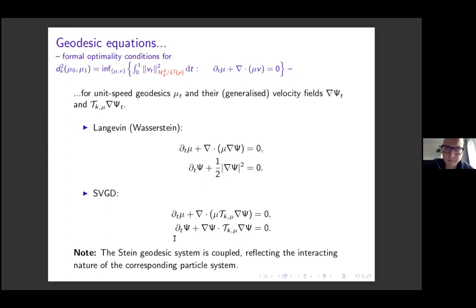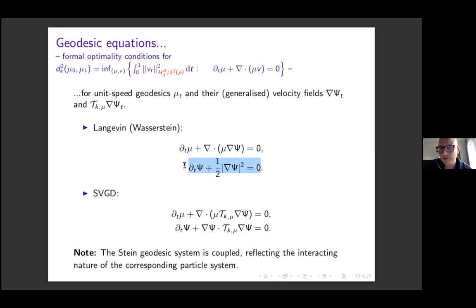Then in joint work with Andrew Duncan and Szpruch, we developed the corresponding geodesic equations for the Stein geometry. Now you see that there is this integral convolution operator T appearing here and here. Furthermore, these equations are coupled. So now this mu appears here and it also appears here in the first equation. Note that here these equations are really uncoupled.